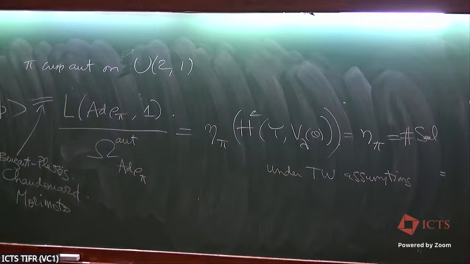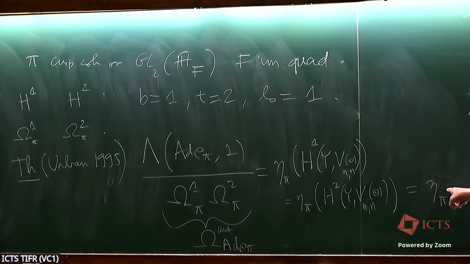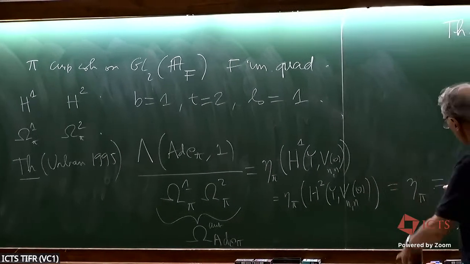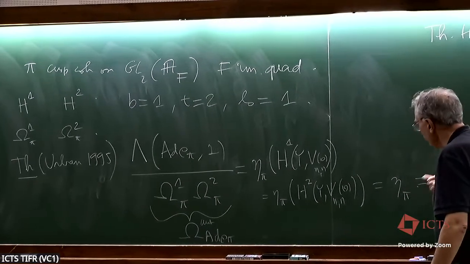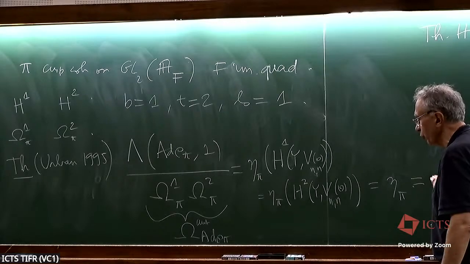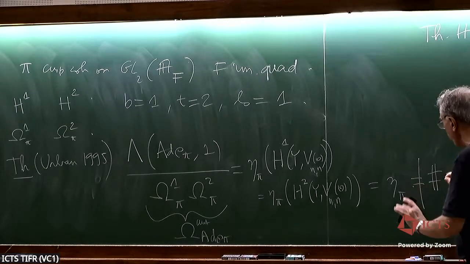Okay, so here this is correct. But here I don't say, and this is absolutely false, that this is the cardinality of Selmer in the case of Urban. In the case of Urban, there is a relation, but this relation is given by a number which is called the Wiles defect. So this is not the cardinality of Selmer, but this can be explained.